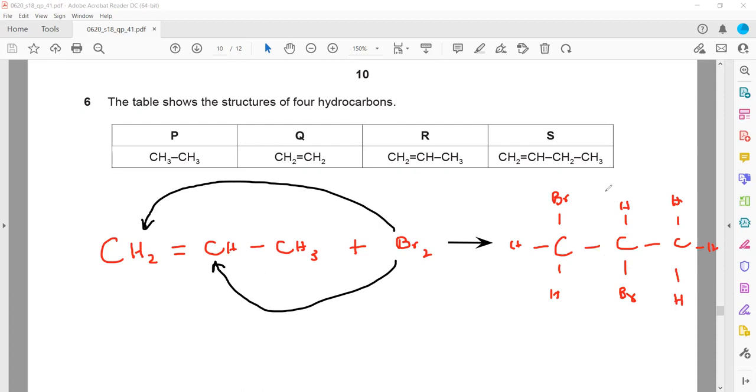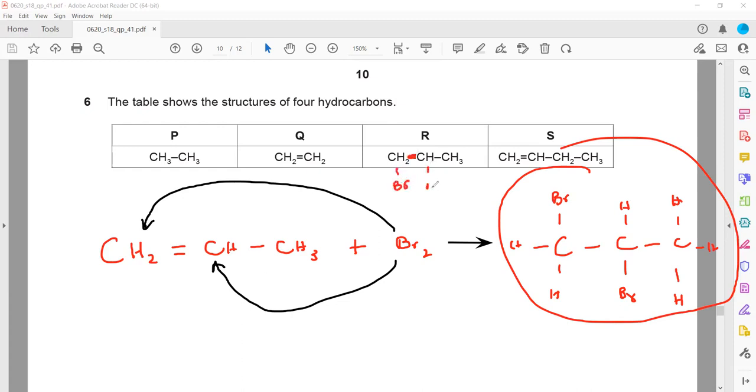And it is up to you. You can make both bromines up and hydrogen down, or both bromines down and hydrogen up, or adjacent. So it does not make a difference. So this is the product which is formed when bromine reacts with propene. So always remember, the double bond will break and one bromine is added to the first carbon, which has a double bond, and the second bromine is added to the second carbon, which has a double bond.